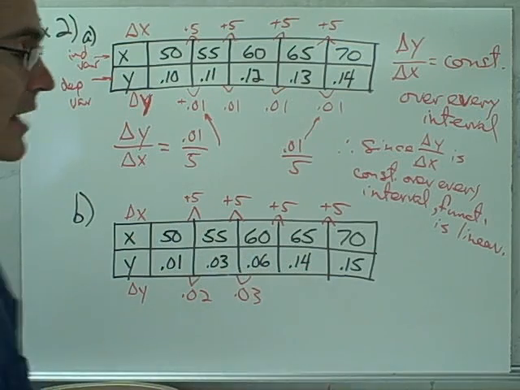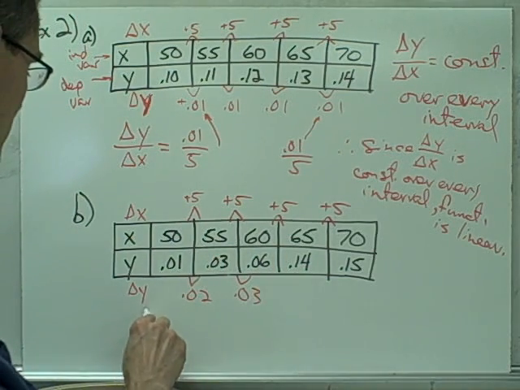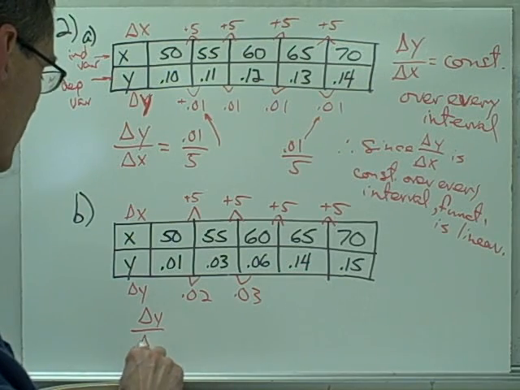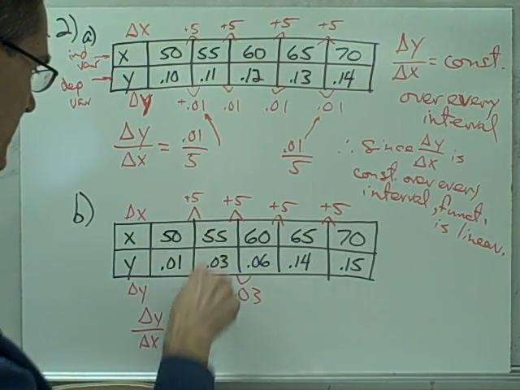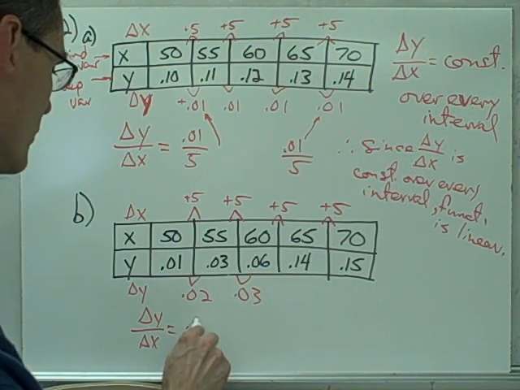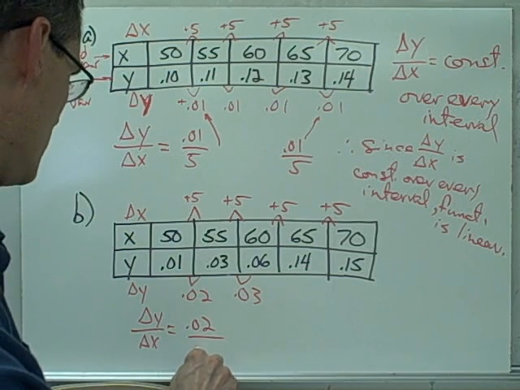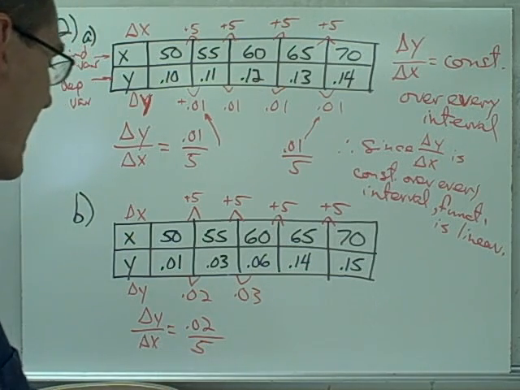And now right away I can see I've got a problem with the linear aspect of this function, because if I calculate delta y over delta x for this set of points here, then my delta y value is going to be 0.02, and my delta x value is going to be 5.